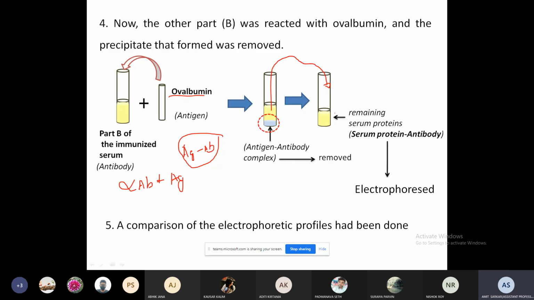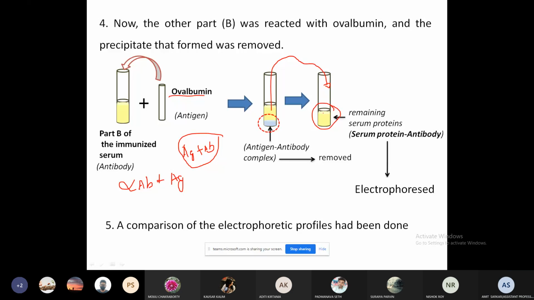Now we are more or less confident that this serum protein does not contain any anti-ovalbumin antibody, because whatever anti-ovalbumin antibody was present in part B already got complexed and precipitated in this tube. So there might be very little or nothing in the supernatant, the liquid portion.